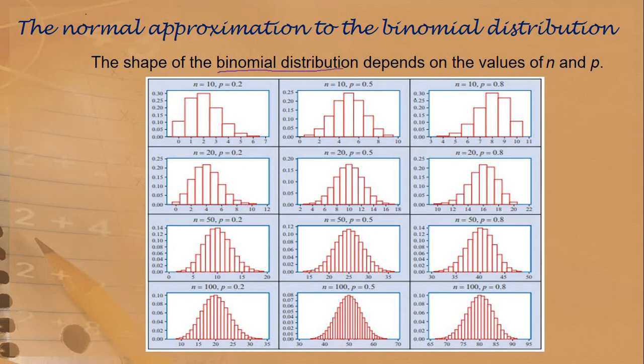We're seeing how the binomial distribution changes due to the values of n and p. Remember, n is our number of trials, and p is the probability of success.